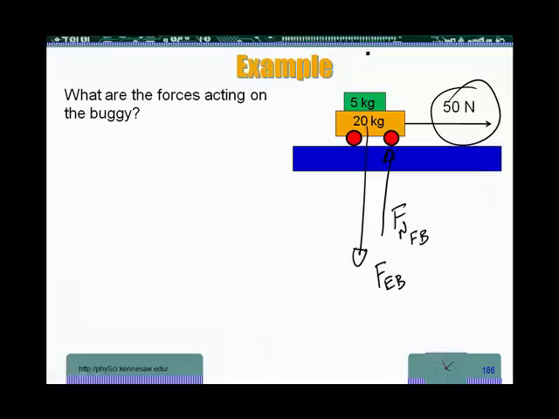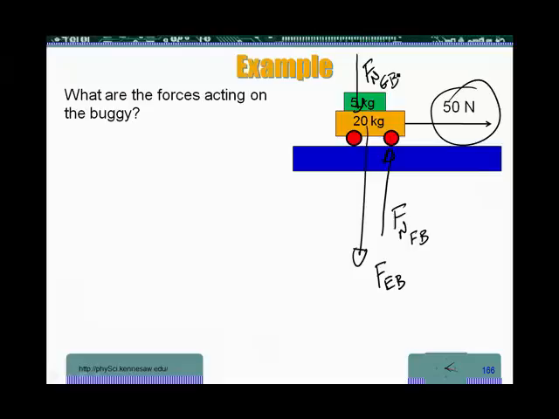Did I say it right? The buggy exerts a normal force on the green crate, so the reaction would be the green crate exerting a normal force on the buggy, and that's what we are interested in. F, normal green on buggy.